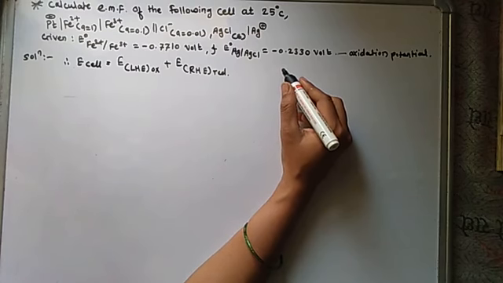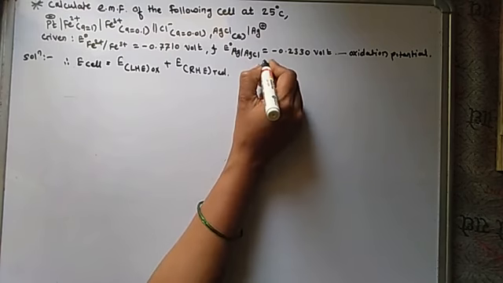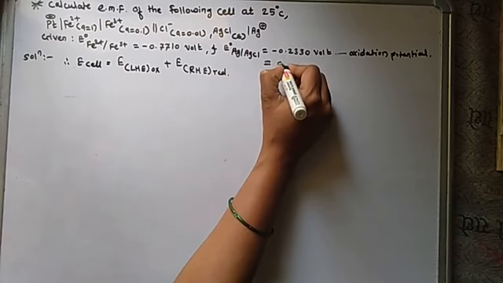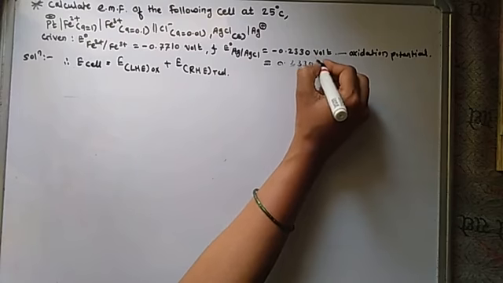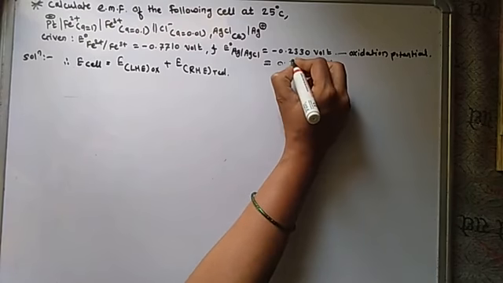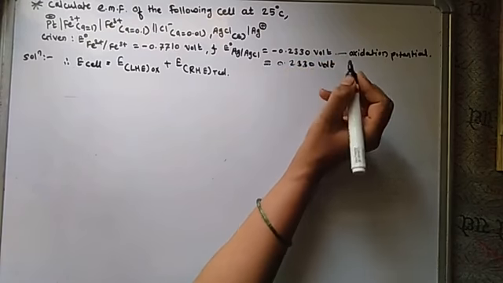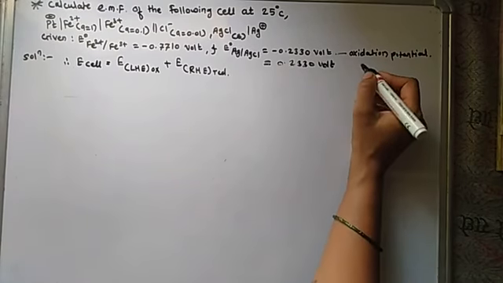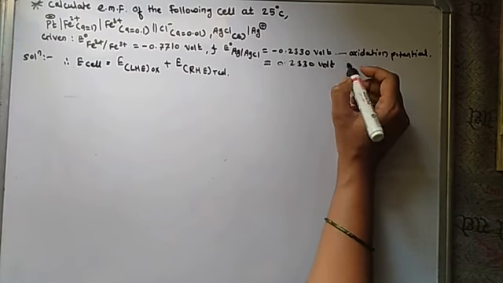So if we write the reduction potential of this half cell, it will be written as E standard of AgCl which is equal to plus 0.2330 volt. This is the reduction potential.